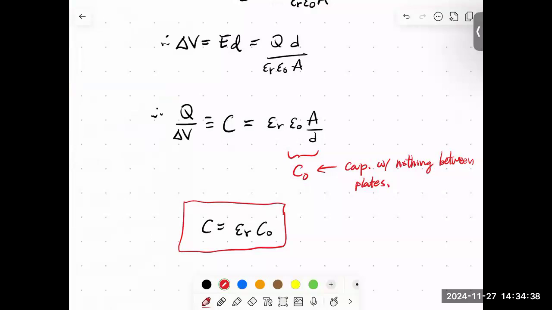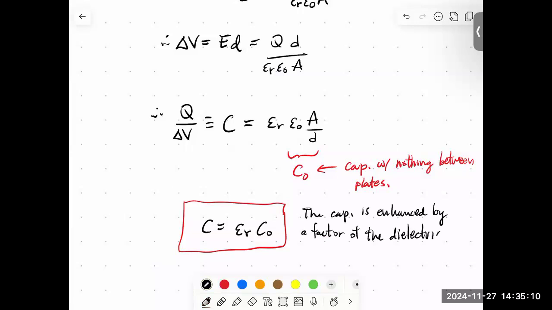And so if you're trying to make a large capacitor, you make plates with a large area, but then you put a dielectric that has a large relative permittivity or a large dielectric constant between those plates. Okay, so the capacitance is enhanced by a factor of the dielectric constant.